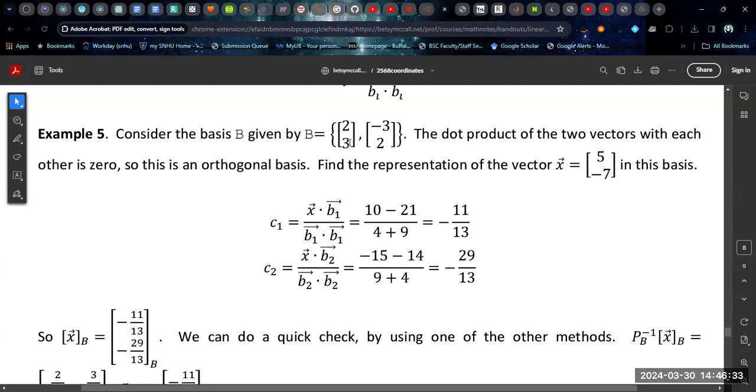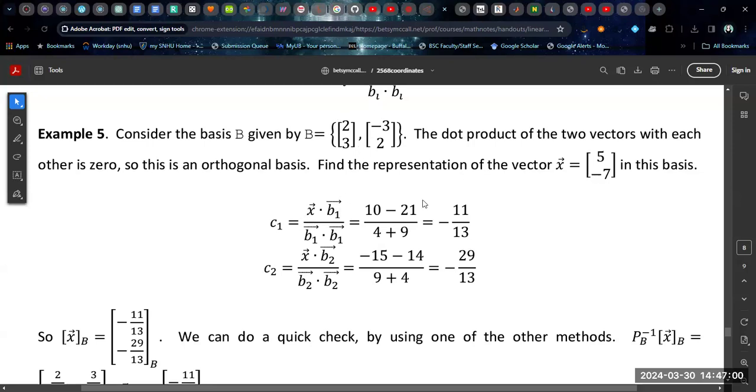You can see that if you dot these two vectors together, you do in fact get 0, so they are orthogonal to each other. They're not length 1, but they're orthogonal. Now, if we want to find the representation of the vector 5, -7 from the standard basis in this basis, we apply our formula.